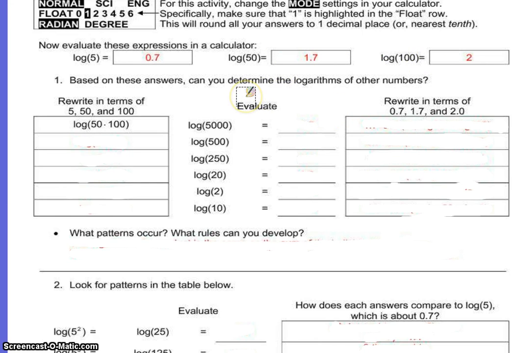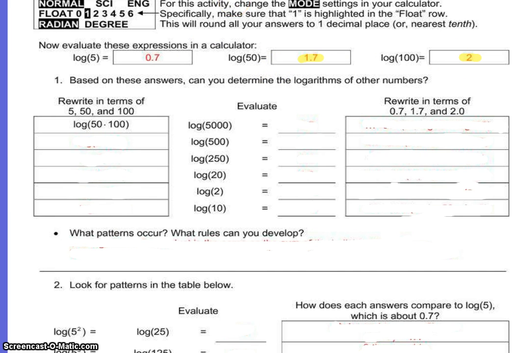Now, based on these answers, I want to see if I can determine the logarithms of other numbers. Because I know that 50 times 100 is 5,000, if I look at 50 and I look at 100, I'm wondering if there's some correlation.